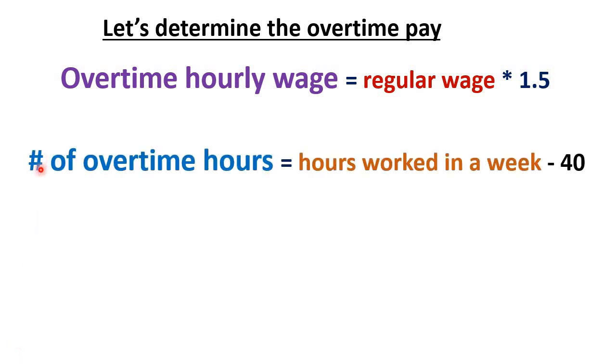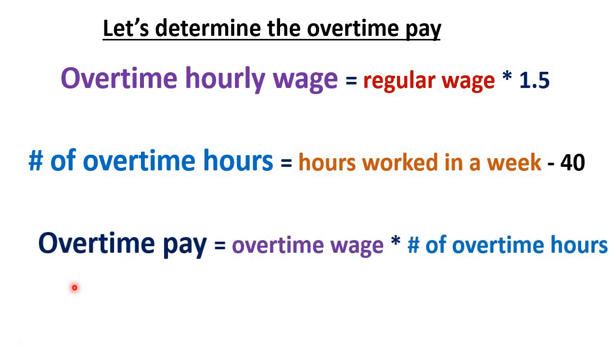Next, we need to know how many hours of overtime you are working. That's determined by how many hours you worked in a week minus 40, because that gives us how many hours over 40 you worked that week. Then our overtime pay is the overtime wage you determined up here times the number of overtime hours, which you determined right here.